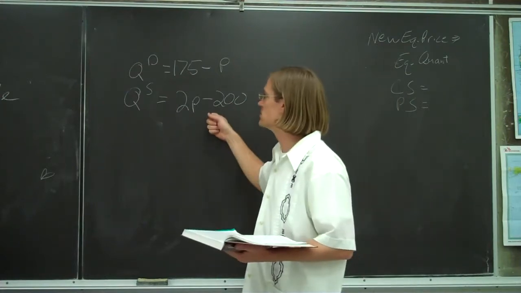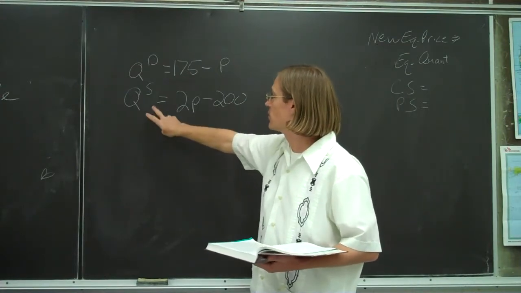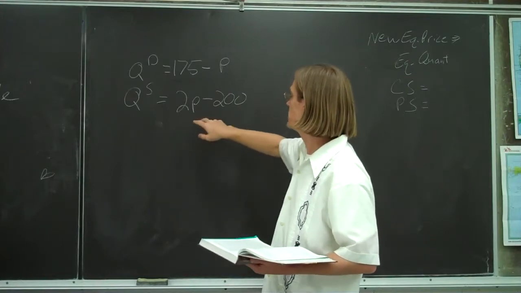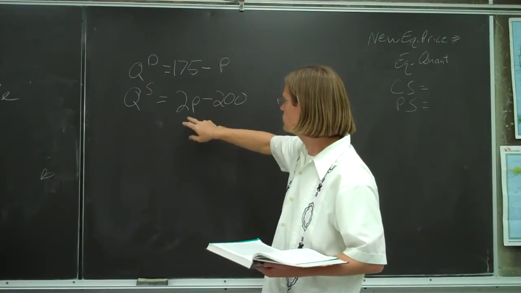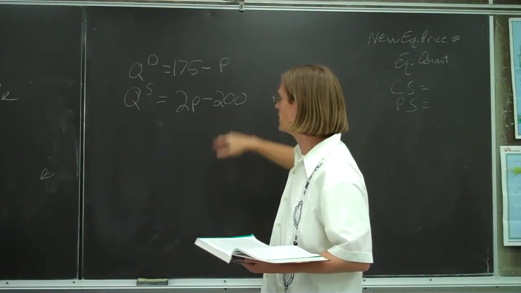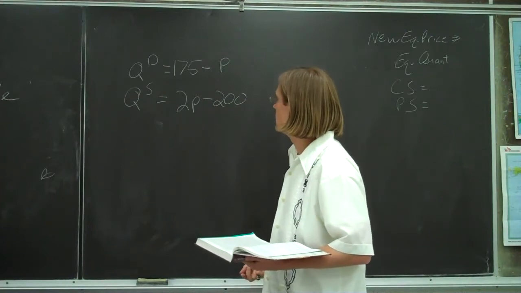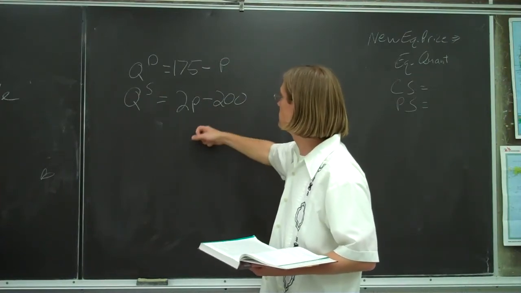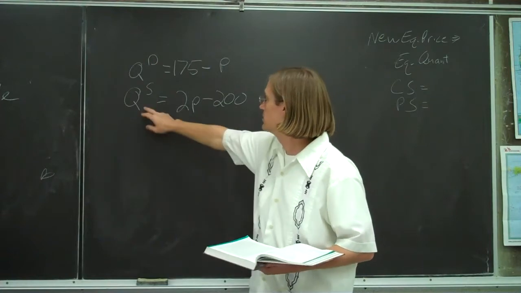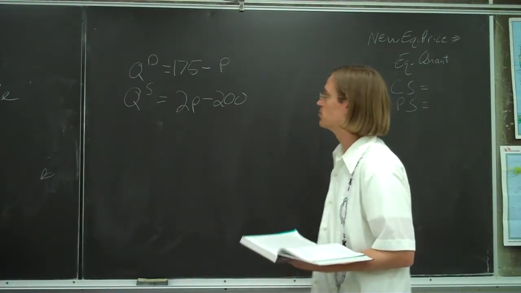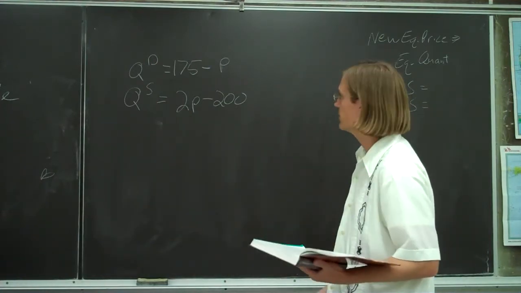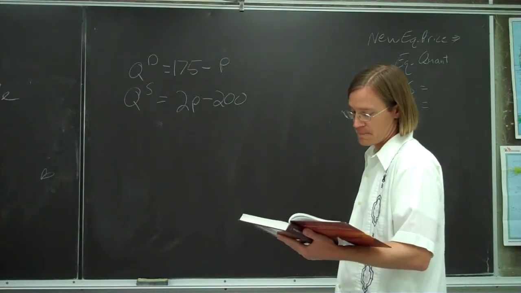And then they give us this supply equation. So the quantity that's supplied is equal to 2 times the price minus 200. So as the price goes up, the quantity that's supplied should also increase. So that fits with the law of supply.